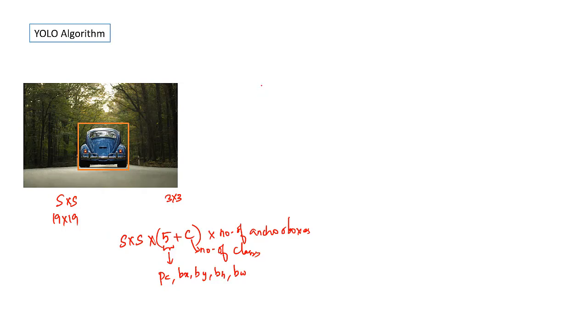For any image that we have, for example this image where we have only the car, the y shape will be something like this, where initially for PC we have 1 because it contains an object, and let's assume that we have 2 anchor boxes, and the first anchor box is the shape of the car, and it outputs the bx, by, bh and bw values. For car it's c1, so c1 is 1 and the other two values are 0, because we have 3 classes as an example in this video.